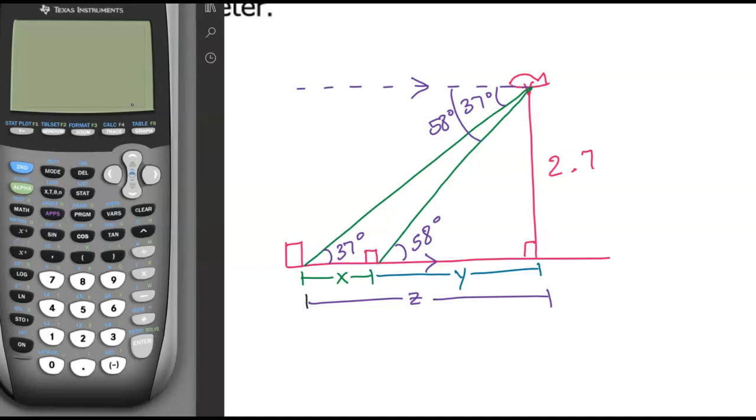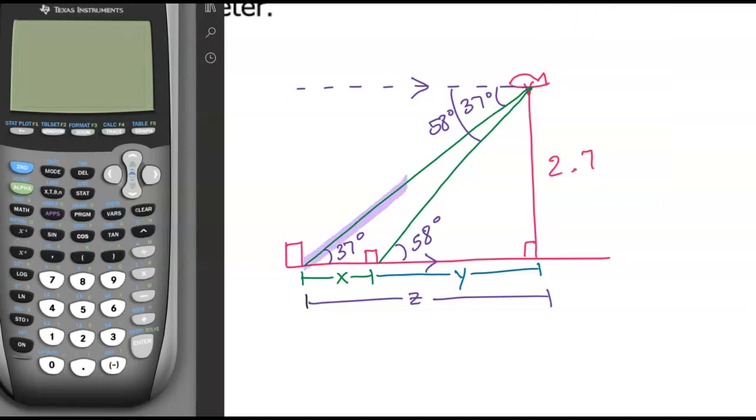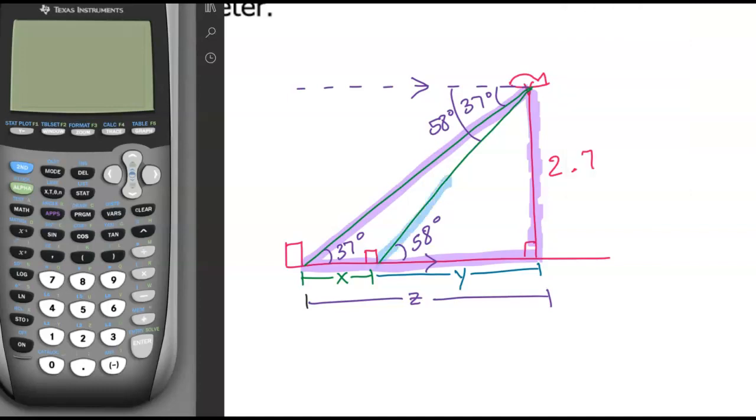We have a larger triangle here. So that's the z base we're trying to find. And then we have a smaller triangle with the base of y, here. So you see the two triangles.